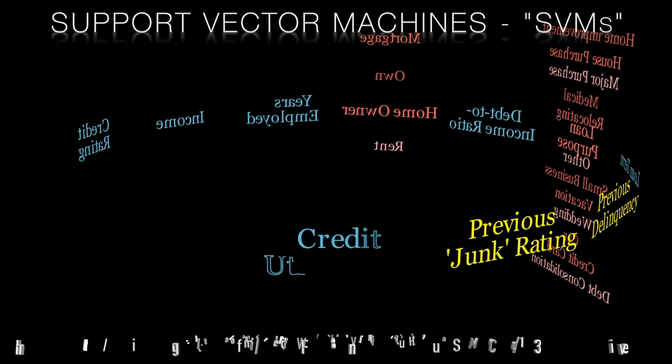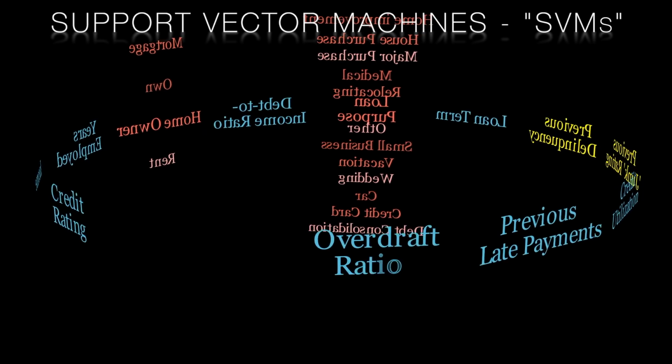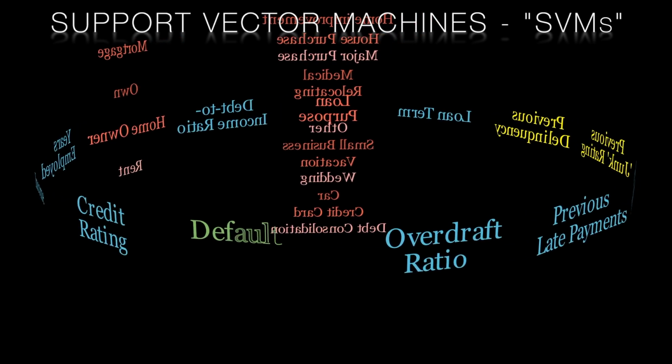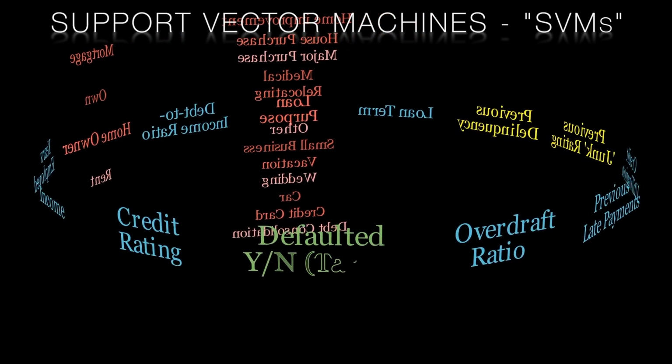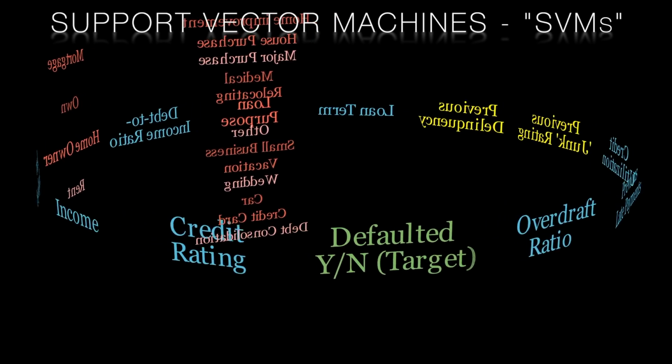There are exactly 20,000 records in this dataset. The dataset has 12 inputs, and there's a mix of numeric data shown in blue, categorical data shown in red, along with the taxonomy of that category, and binary yes-no data shown in yellow. Our target variable, the category we're trying to predict, is shown in green.